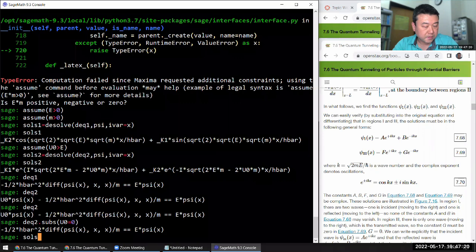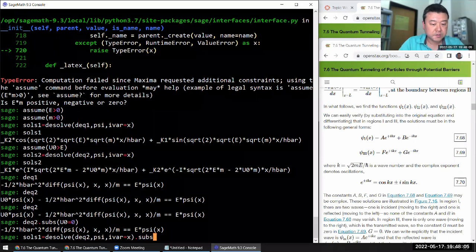Solution in region 1 is going to be, instead of that, I'm going to use a differential equation solve, DSolve of equation 2 for psi, with x as the variable. And what I need to do is substitute in U naught equal to 0 into the solution.